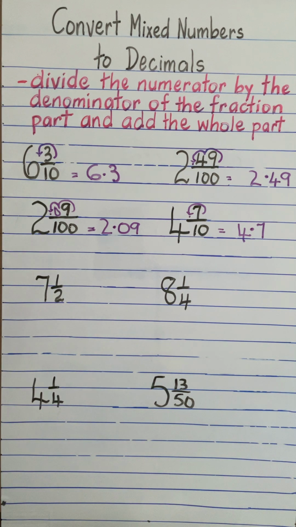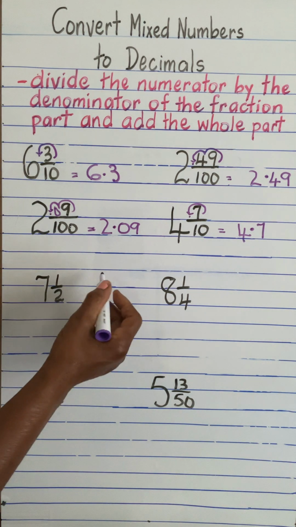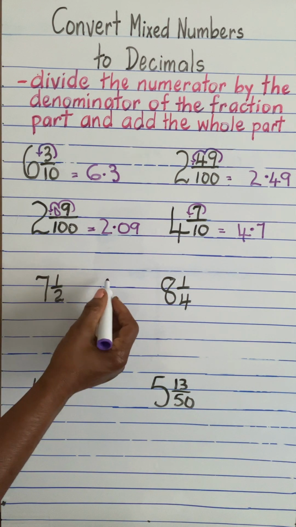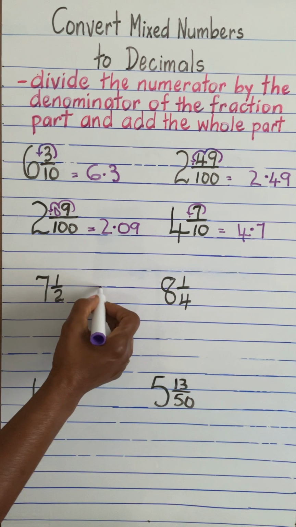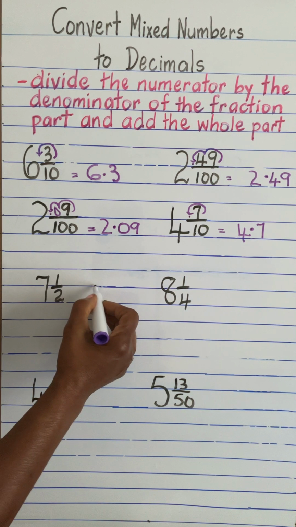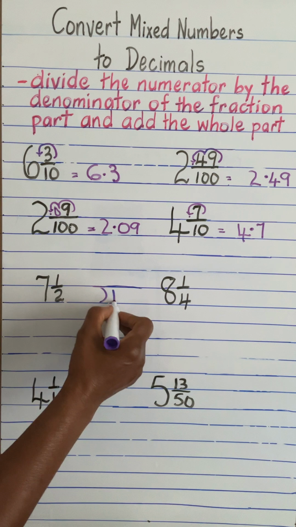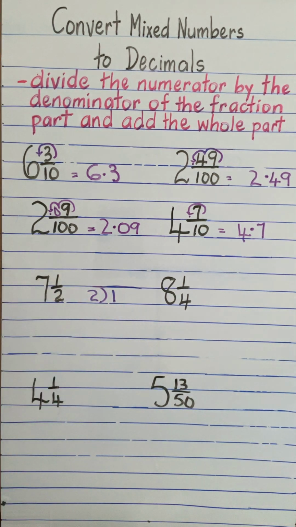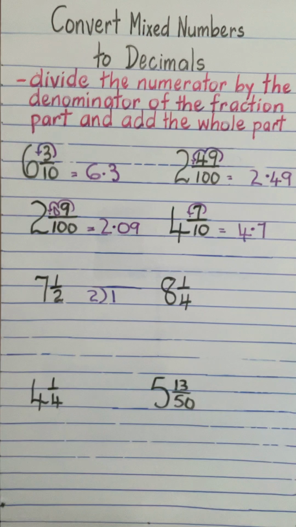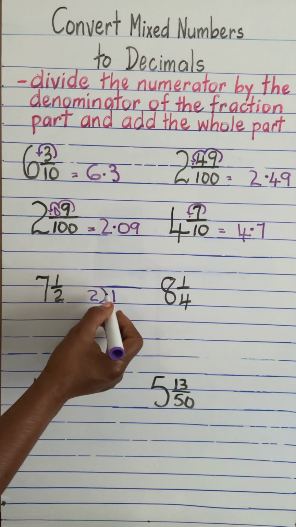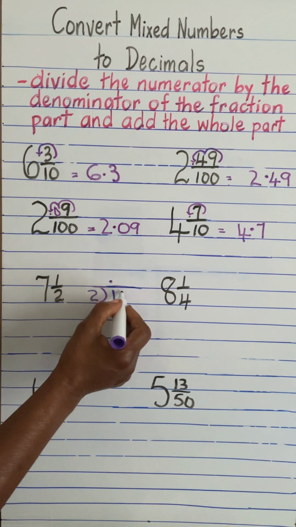We're going to follow the same rule, divide the numerator by the denominator of the fraction part. So here we have a half. We're going to divide 1 by 2. How many times can 2 go into 1? 0. So we'll put a point and we add a 0.